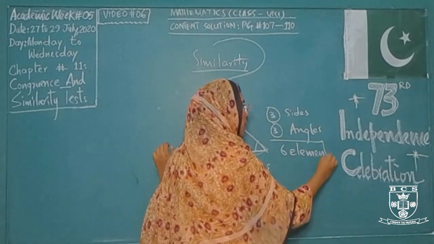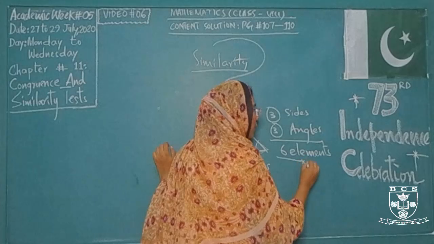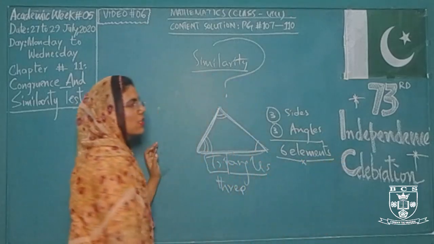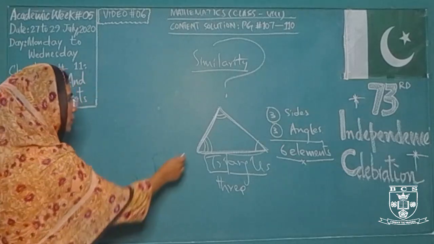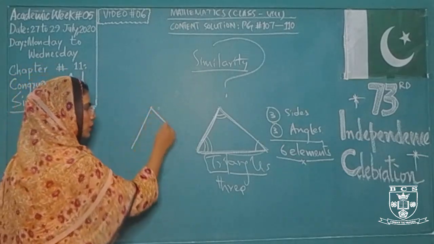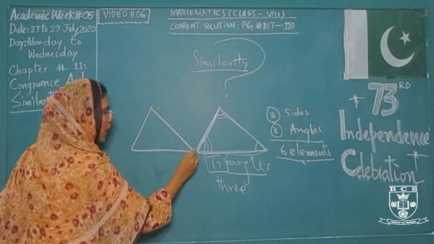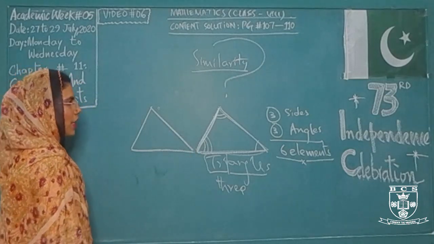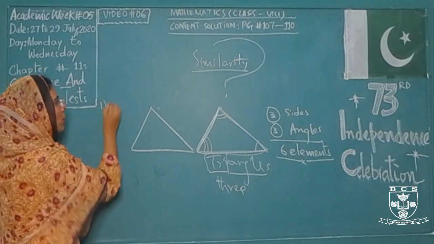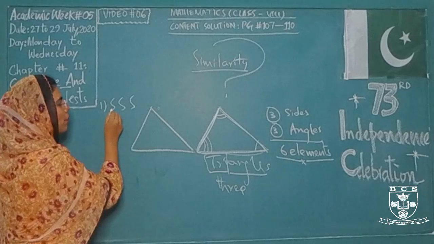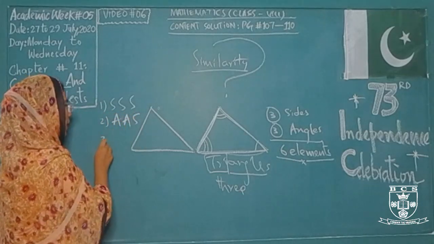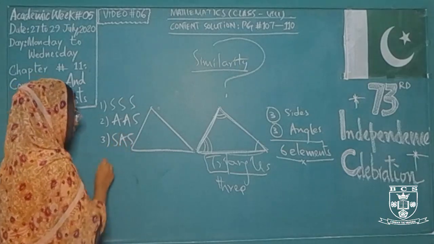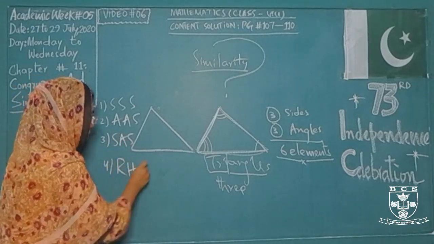In congruence we have discussed, for congruent triangles, meaning equal triangles, at least 3 elements must be equal. If I am saying that this triangle is congruent to this particular triangle, then 3 elements must be congruent, and they may be number 1 SSS, number 2 AAS, number 3 SAS, and number 4 RHS.